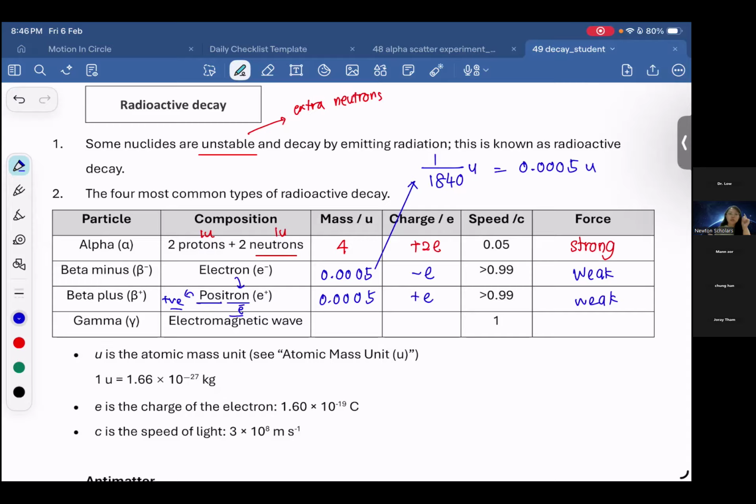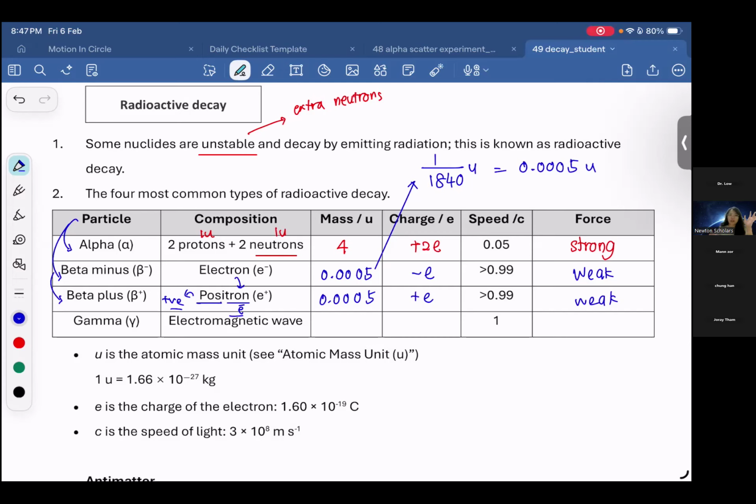Okay, gamma. You don't tell me that gamma is a particle. Actually, we cannot say particle. Particle can describe these three, but gamma, you don't say particle. Gamma is a ray, it's not a particle. So we say gamma ray. If you can't remember which one, it's okay, you can say alpha radiation, beta minus radiation, beta plus radiation, or gamma radiation.